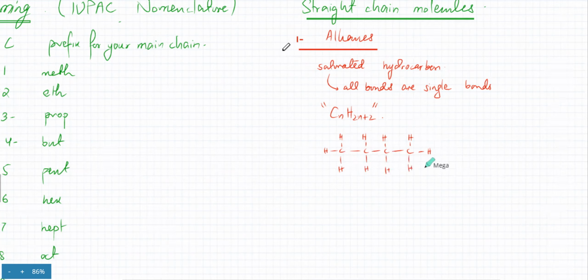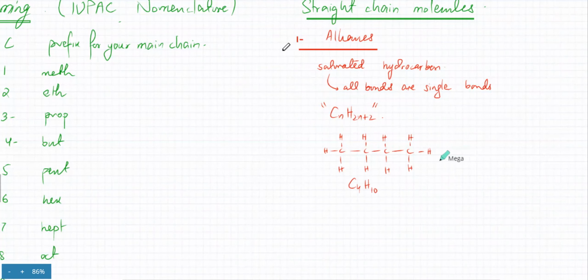Actually, the general formula is going to work for this molecule. It's 4 carbon atoms, it's an alkane, it's a saturated hydrocarbon. All bonds are single bonds. Carbon is 4, so H would be 4 into 2 plus 2, that's going to be 10. You can count the hydrogens, there are 10 hydrogens in this molecule. So the general formula is working.